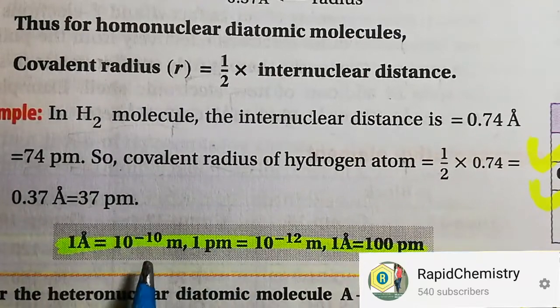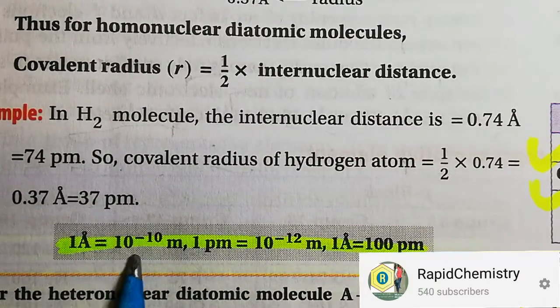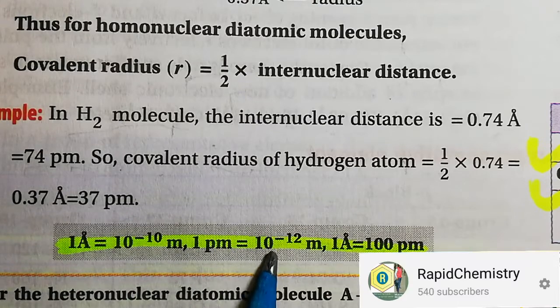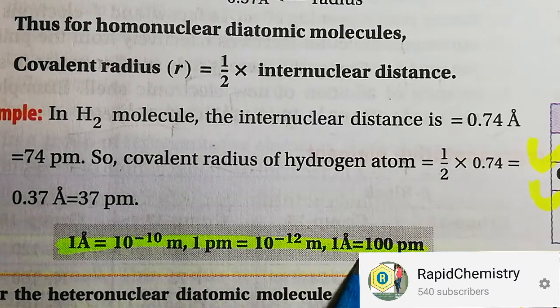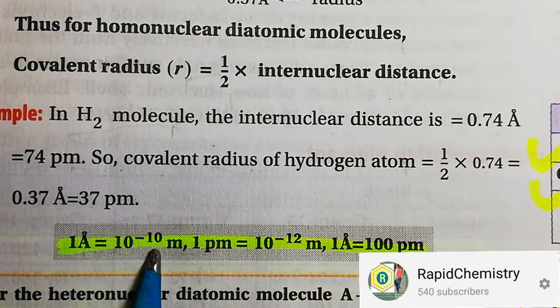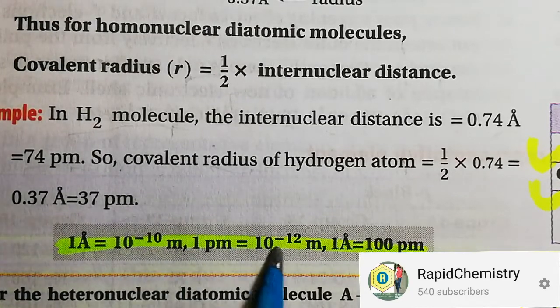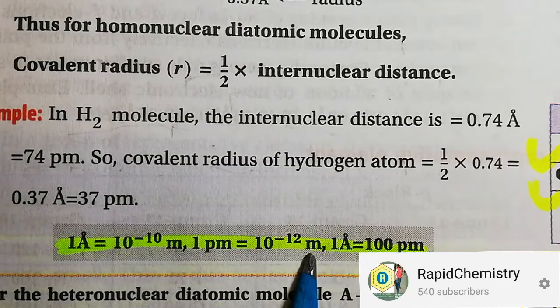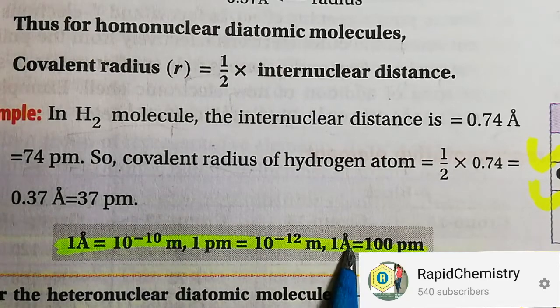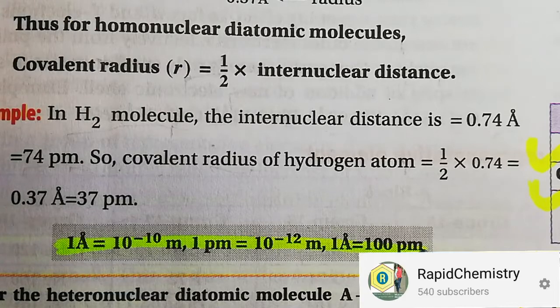These are the smaller units which are used for measuring small distances like the radius of atoms. 1 angstrom equals 10 to the power minus 10 meter, 1 picometer equals 10 to the power minus 12 meter, 1 angstrom equals 100 picometer. You have to remember these.